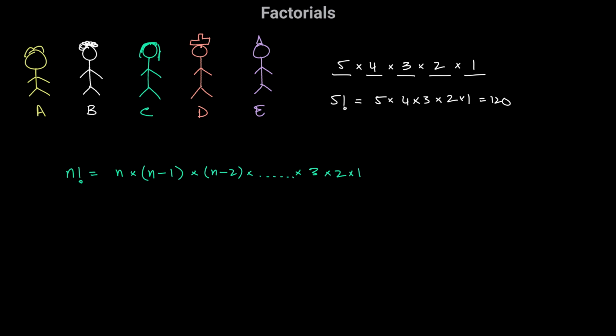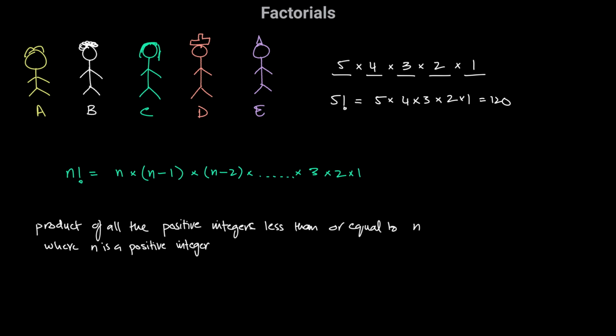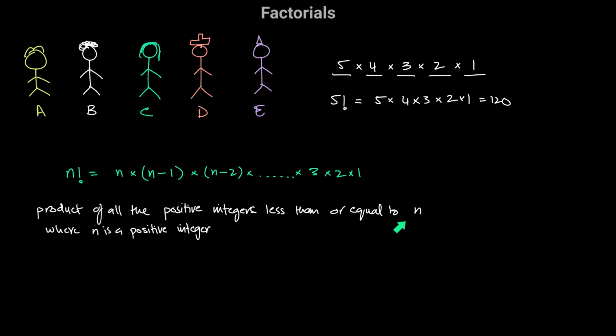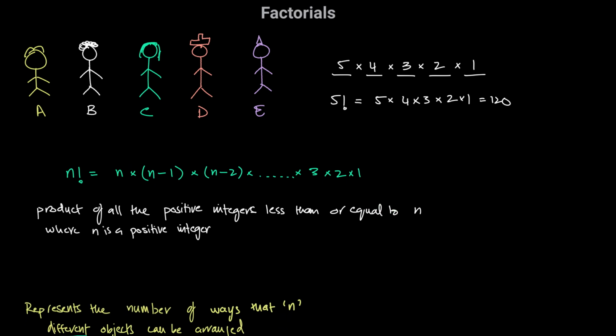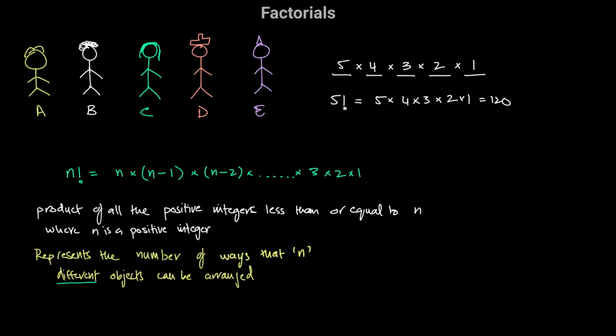So here n factorial is the product of all the positive integers less than or equal to n, where n is a positive integer. So again, by positive integers, we mean all the integers from 1 up to n. All the positive integers less than or equal to n are all the integers from 1 up to n. And n factorial represents the number of ways in which n different objects can be arranged.